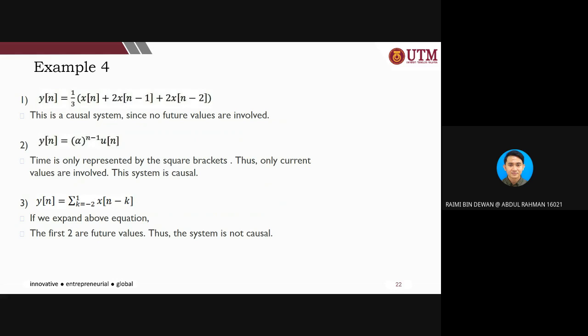For the case of x[n-k] with k minus 2, you will have n plus 2. Plus 2 means it is in the future. So if we expand, there will be two future values, at n plus 2 and n plus 1. So if we have these future values, the system is not causal.